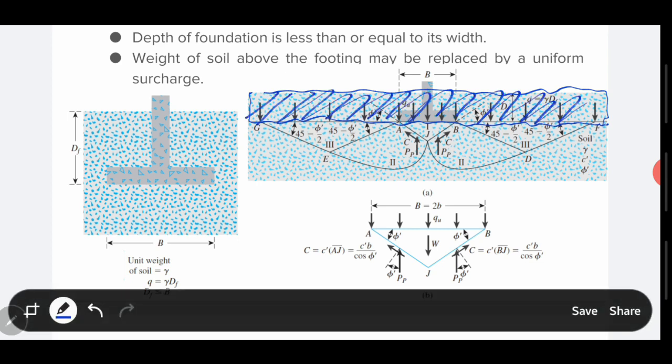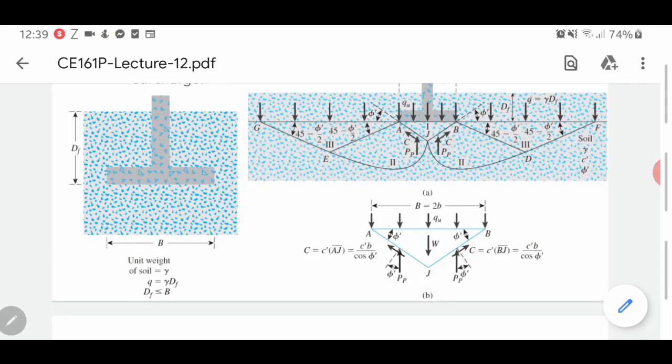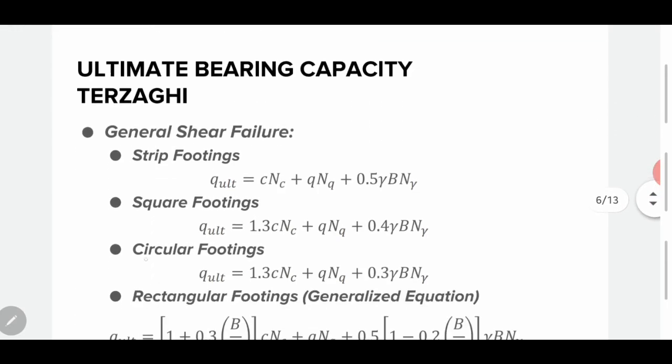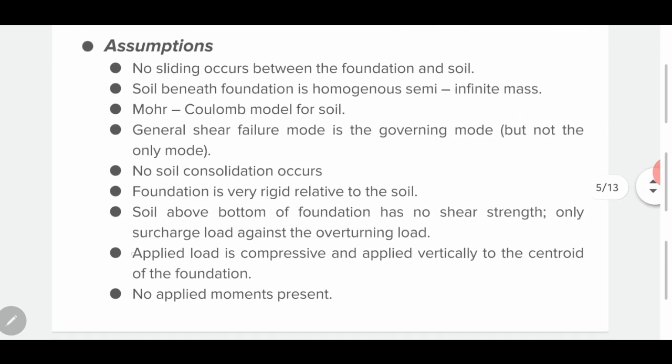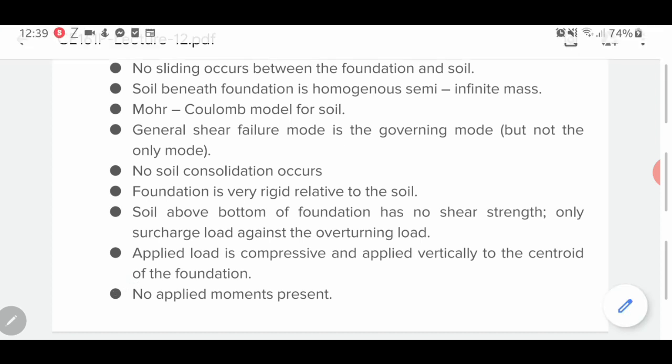So let's go back again. The applied load is compressive, because soil is mostly a compressive material, and it is applied vertically to the centroid of the foundation, with no applied moments present.